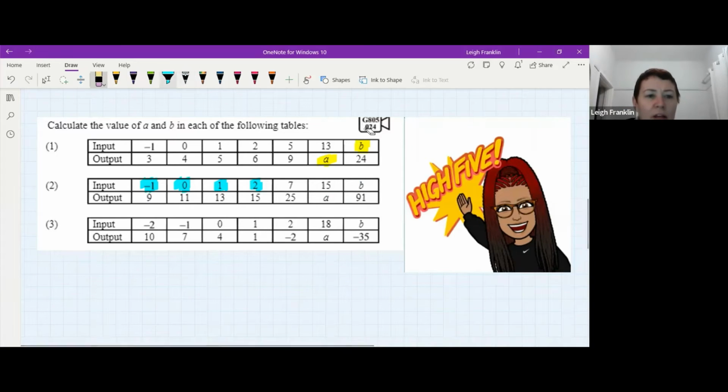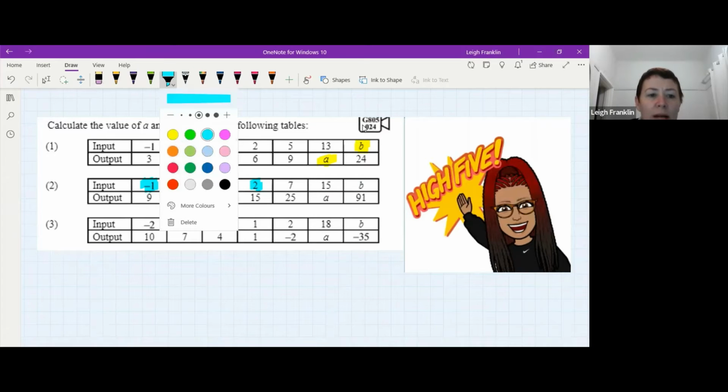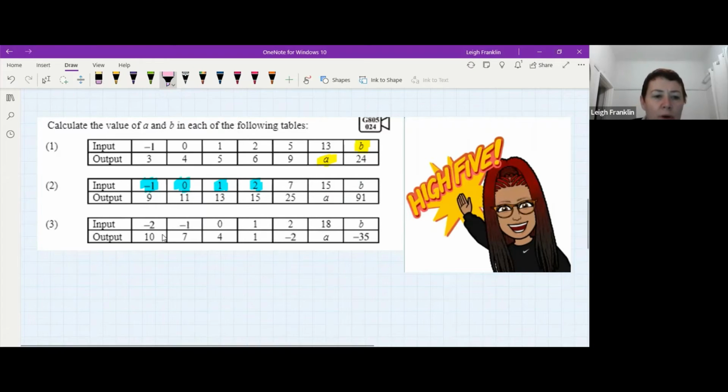Now I can look at the corresponding outputs. When -1 goes in, 9 comes out. When 0 goes in, 11 comes out. When 1 goes in, 13 comes out. When 2 goes in, 15 comes out.